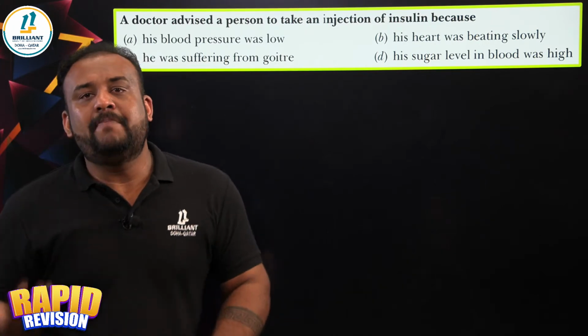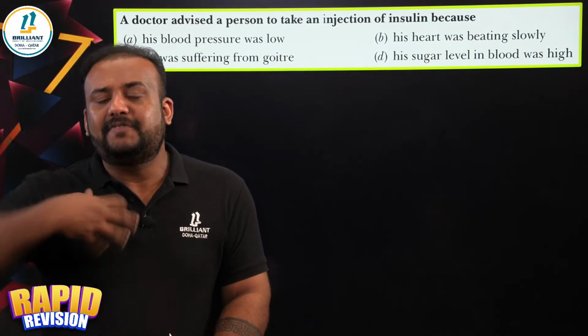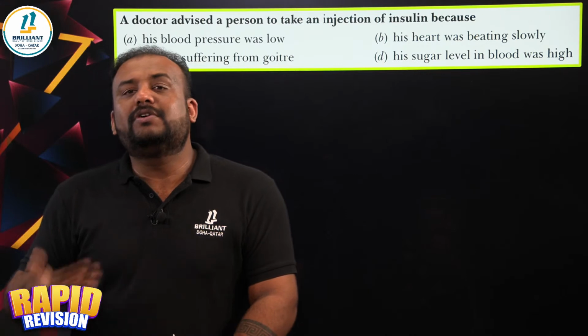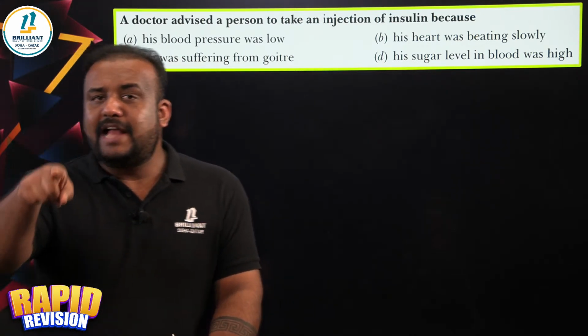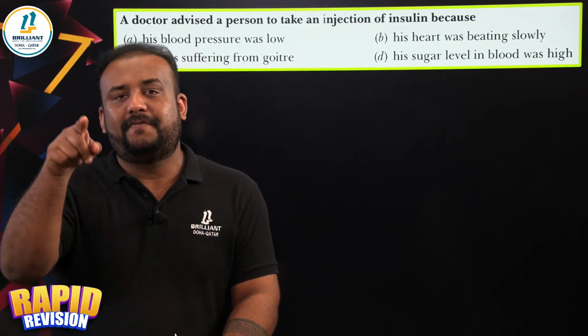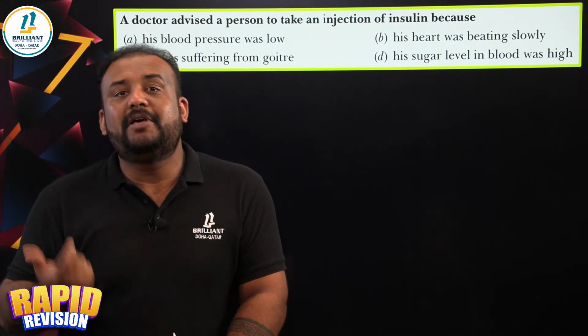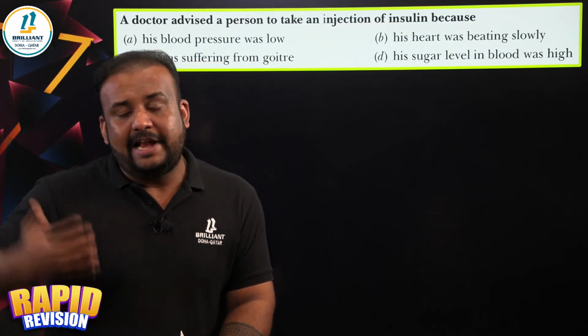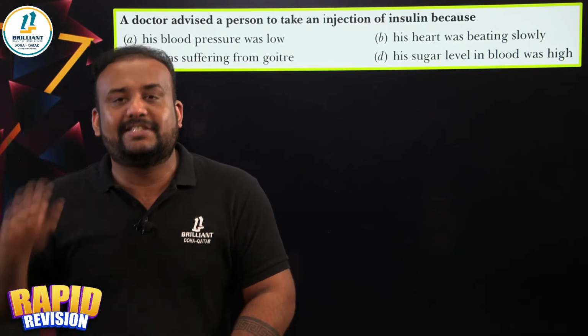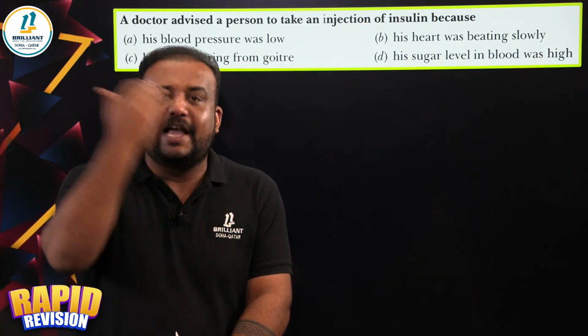Whenever we eat something, after the digestion happens, the glucose enters into blood. And you know that the cells of the body are impermeable to glucose. So glucose will not enter into the cells unless insulin acts on the cells. There is a signaling mechanism happening there.